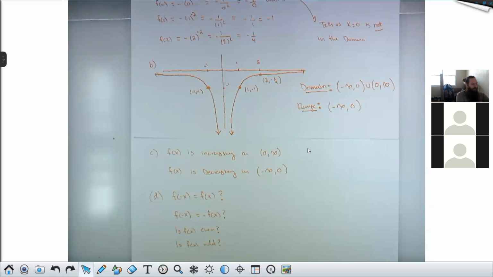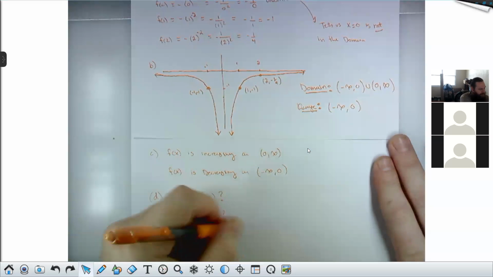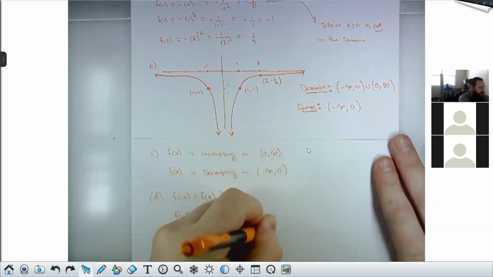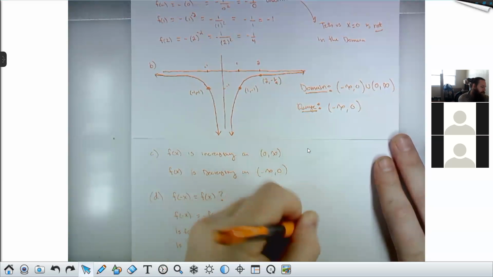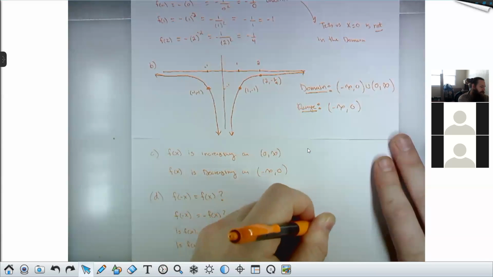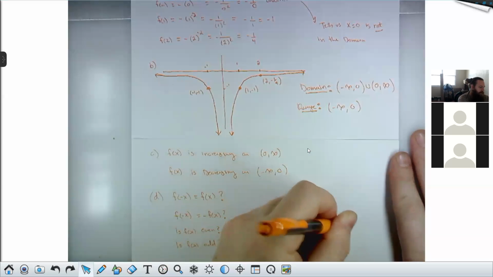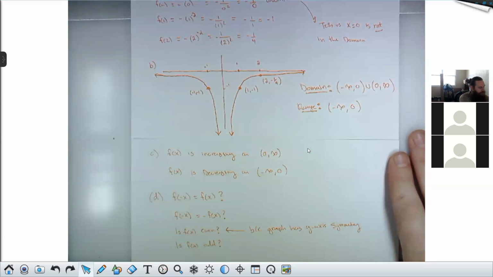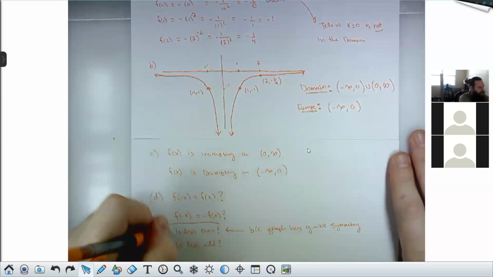Very good, yeah. So this is an even function because the graph has y-axis symmetry. Okay, so we are an even function. Are we also an odd function?